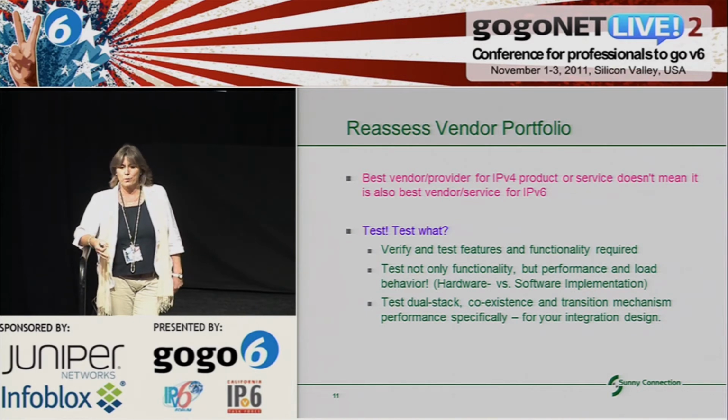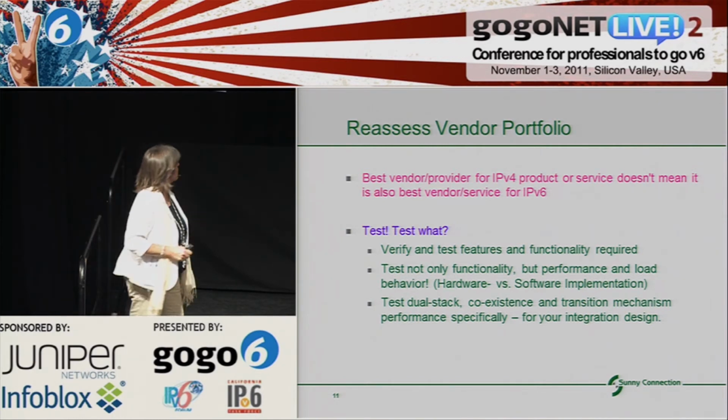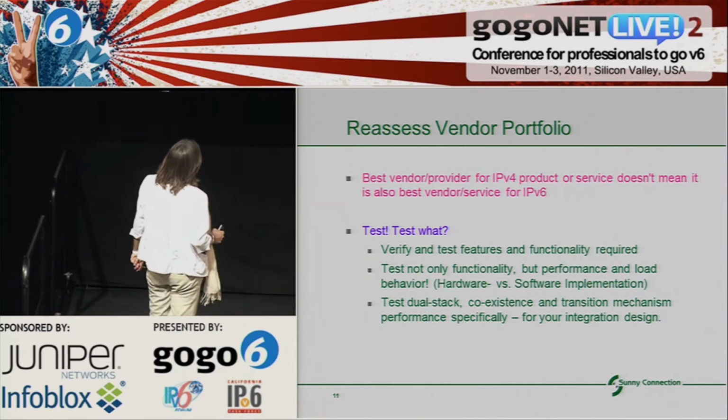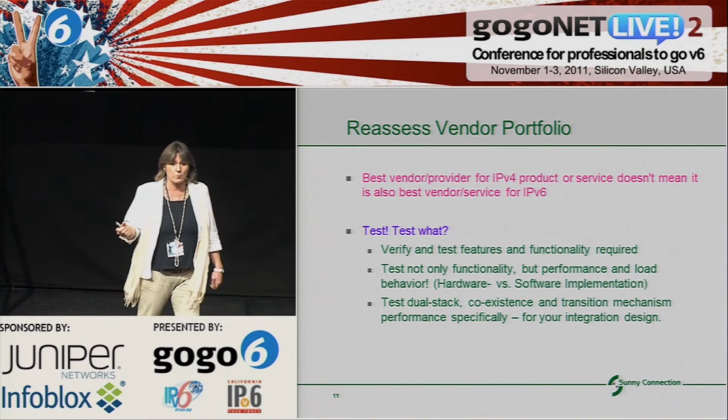How do they perform under load for both protocols, if that's how you want to run them in your environment? Very good IPv6 performance in itself is not a good thing if the box needs to handle both IPv4 and IPv6. So you have to find out how far you can go and how much it can take. So verify and test the features and the functionality that you require as number one.